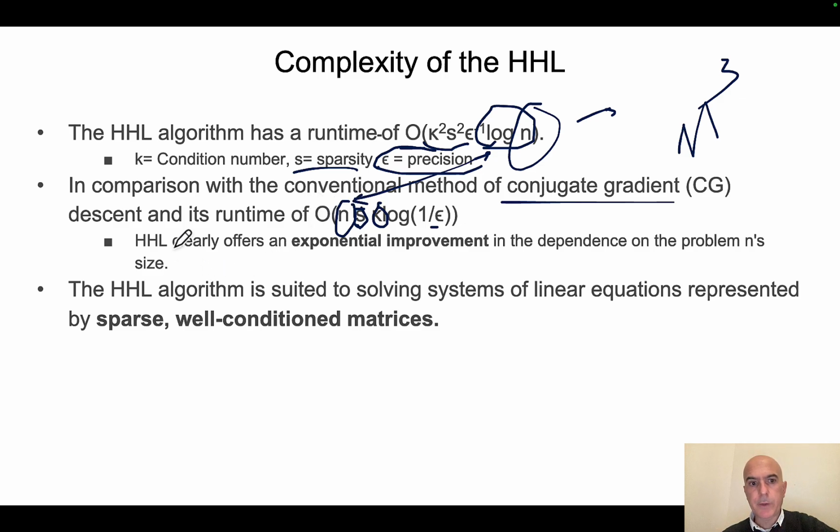So the quantum version clearly offers an exponential improvement when compared to the classical case. We also note the dependency of the computational cost on the sparsity and the conditioning of the matrices. So the HHL algorithm also works quite well when the matrices are quite sparse and well conditioned. This is the last slide of this lecture, and talk to you soon.